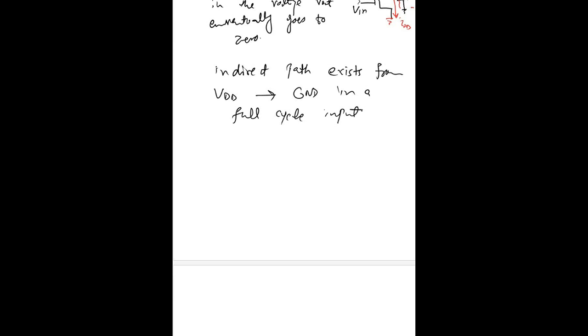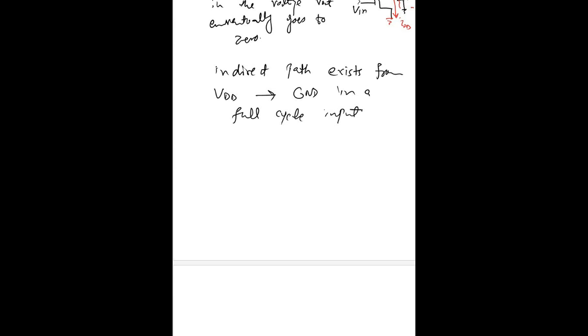We can conclude that there is an indirect path from VDD to ground in a full cycle of input, because we have seen that in case 1, when our input was low, the capacitor charges to its full value, VDD.